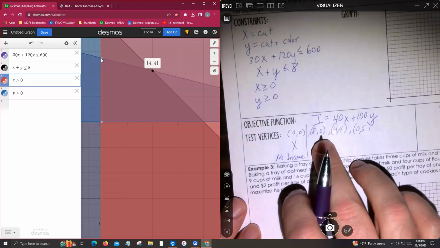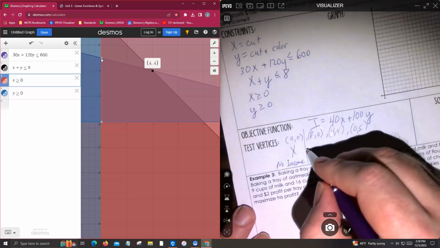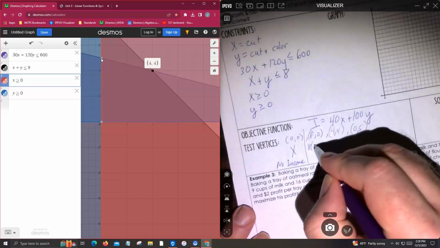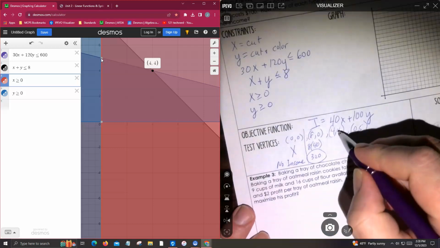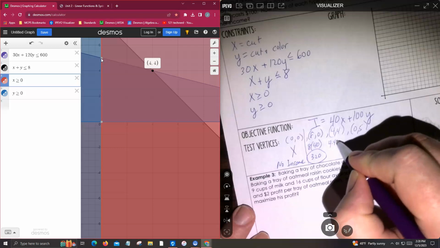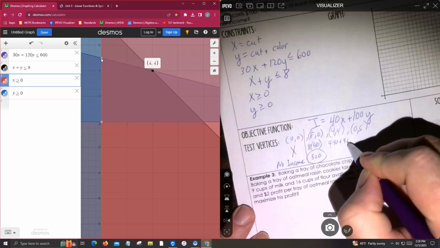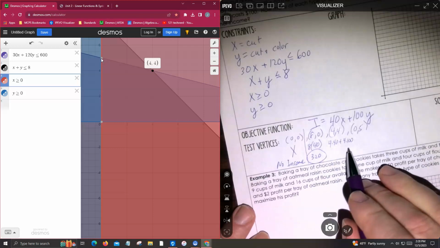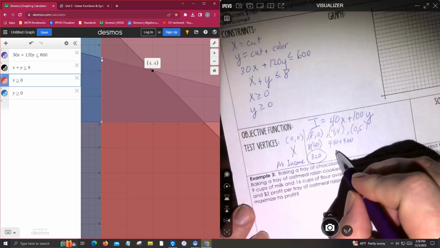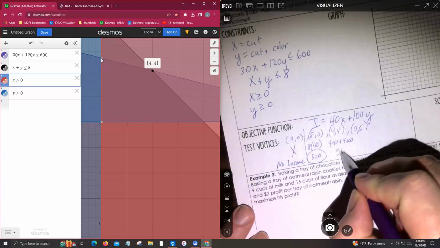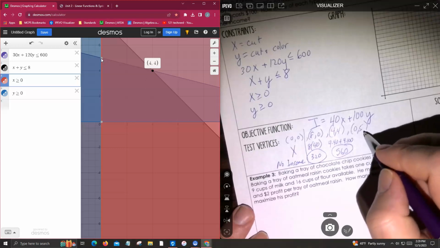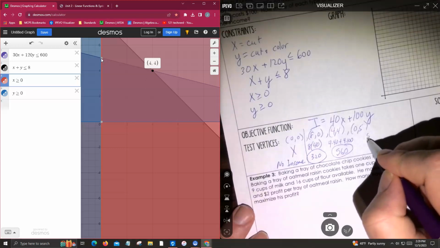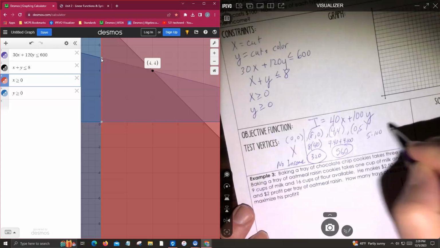All right, so the first one is 8, 0. So this is really just 8 times 40. So that's $320. 4 and 4 is 4 times 40 plus 4 times 100. Again, you can put this in Desmos if you want to. That's going to give you $560. And then this one says, okay, I'm doing just 5 cut and colors.